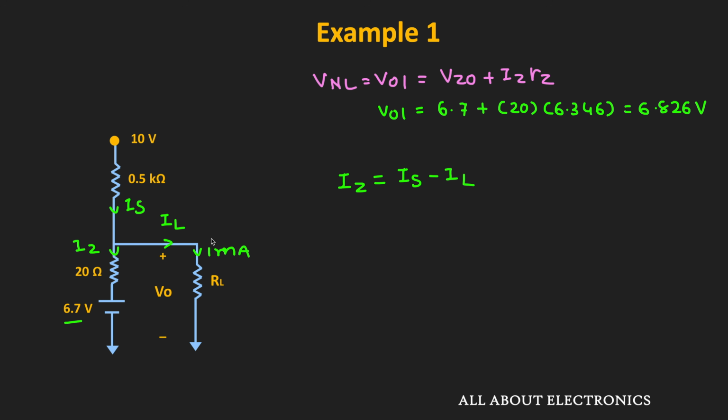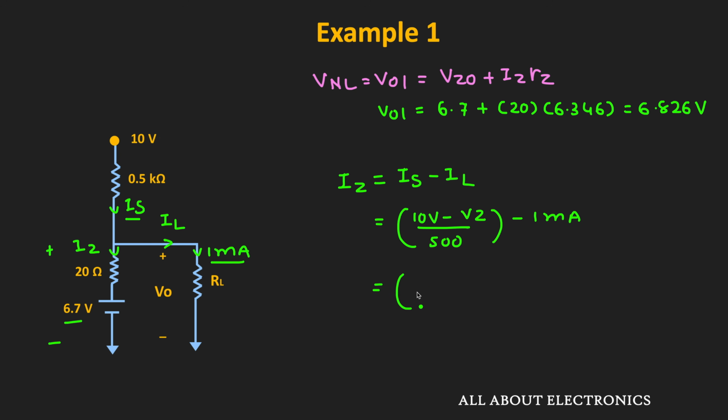Here, the value of the load current is equal to 1 milliampere. To find the Zener current, first we need to find the value of Is. That can be given as 10 volt minus Vz, that is this entire voltage, divided by 500 ohm, and that minus 1 milliampere.